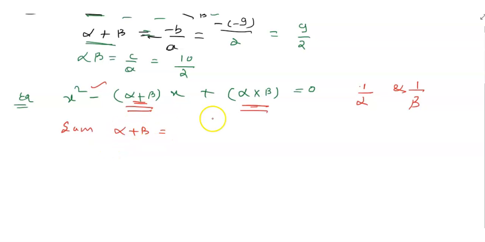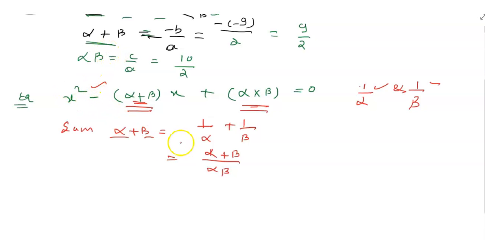How do you find this? The sum is nothing but the sum of the zeros, right? What are the zeros I have here? 1 by alpha and 1 by beta. It will be 1 by alpha plus 1 by beta. Here if I take LCM, what happens? Alpha beta is my LCM. Here I will get alpha plus beta over alpha beta.